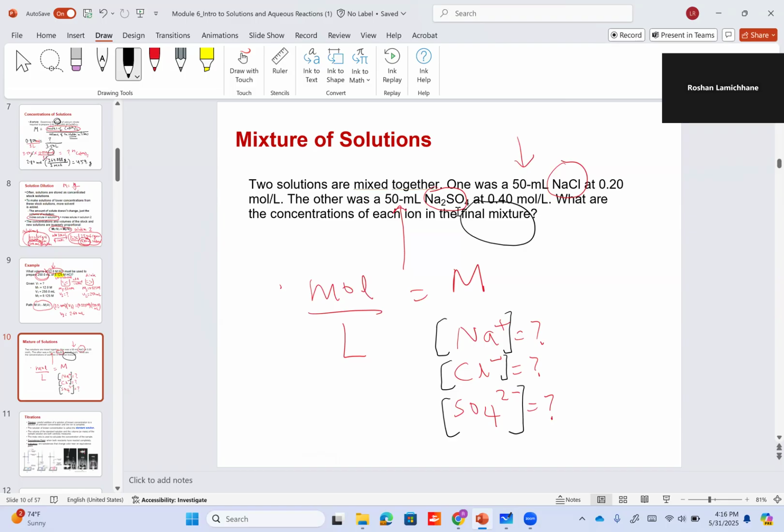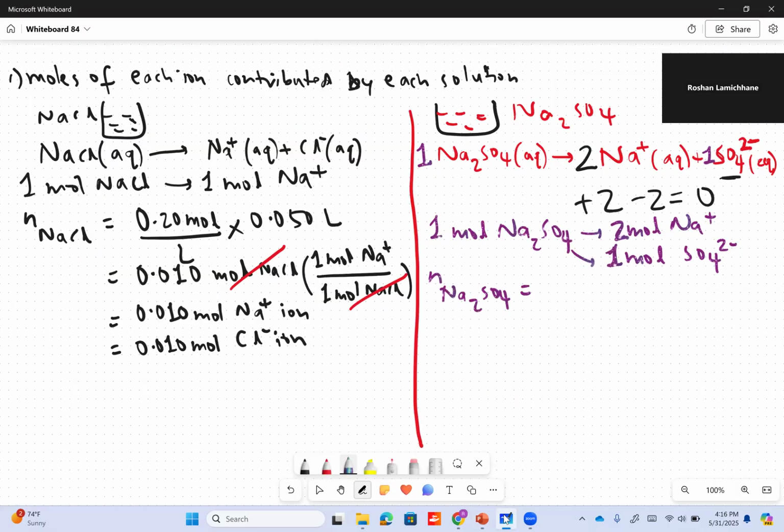If you multiply these two numbers, making sure that this mL is converted to liters, that will give you the number of moles of sodium sulfate, similar to what we did with NaCl. All right, so 0.050 liters times 0.40 moles per liter.